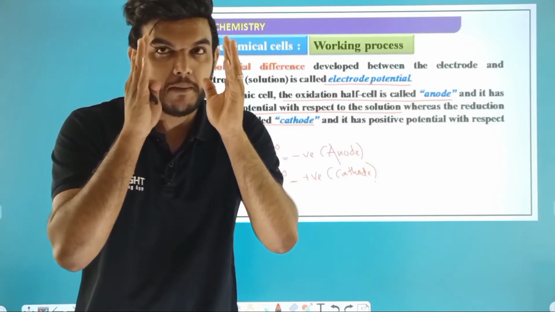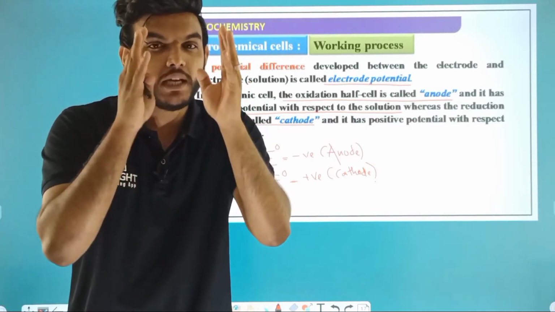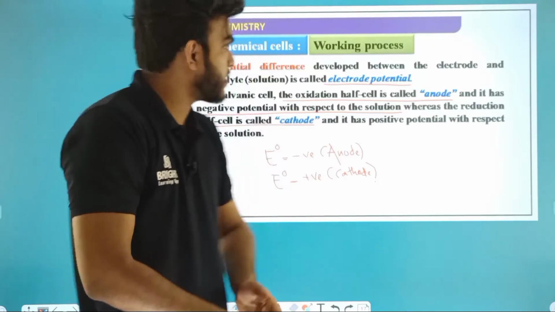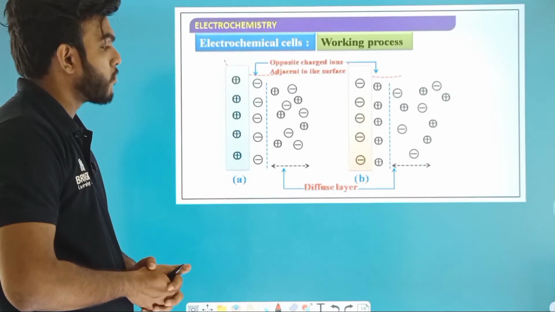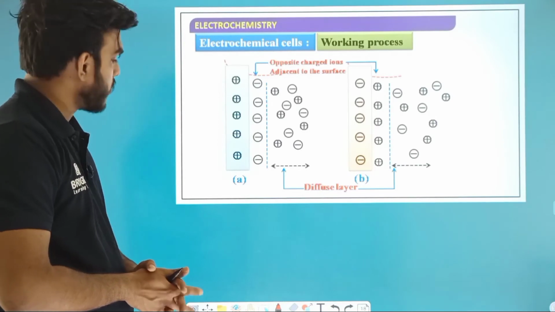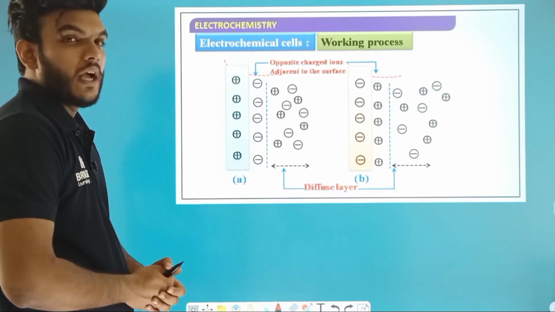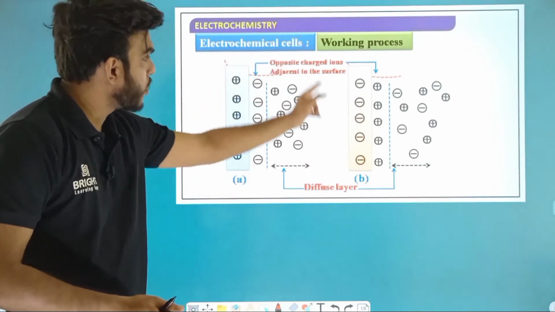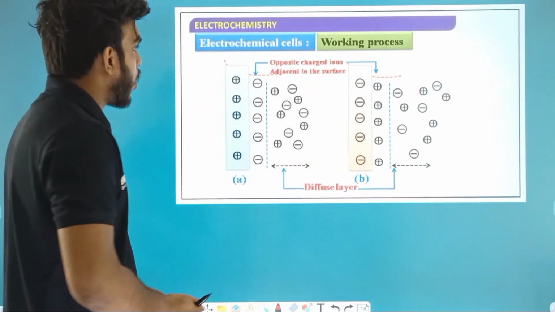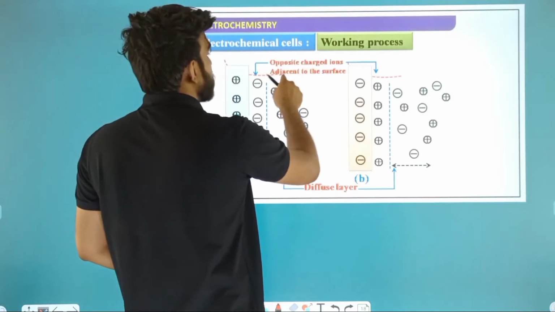Now you got the concept of the galvanic cell and the delta G equations. Moving further, this is the actual working process. You have an anode and you have a cathode. Anode is positively charged and cathode is negatively charged, so oppositely charged ions are adjacent to the surface.